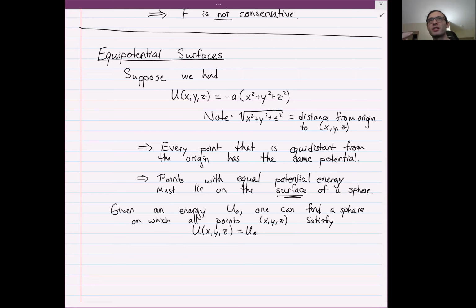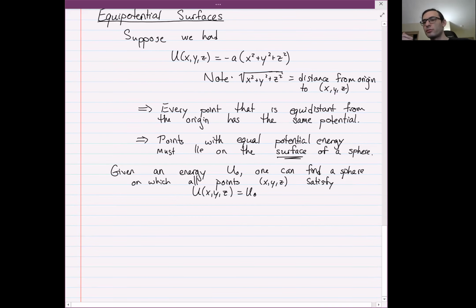So there's a one-to-one relationship between these spheres and particular values of potential energy. You give a number, -5 joules, and associated with that number is a surface, in this case the surface of a sphere. These surfaces are called equipotential surfaces.